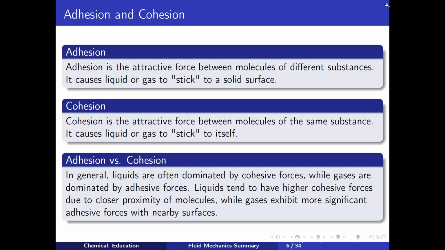Adhesion versus cohesion: in general, liquids are often dominated by cohesive forces, while gases are dominated by adhesive forces. Liquids tend to have higher cohesive forces due to the closer proximity of the molecules, while gases exhibit more significant adhesive force with nearby surfaces.